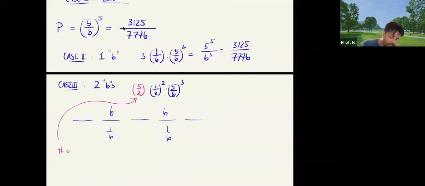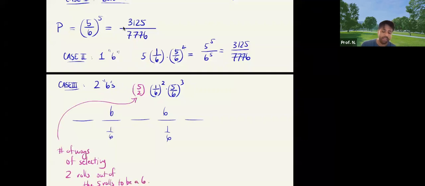This is the number of ways of selecting 2 rows out of the 5 rows to be a 6. And 5 choose 2 is 15. So this should be 15 times 5 cubed, which is 125, over 6 to the 5th power.